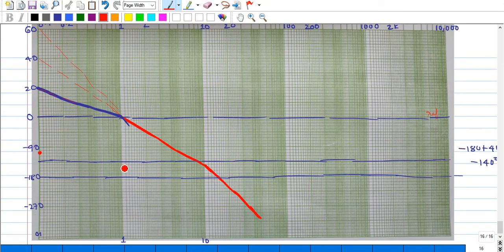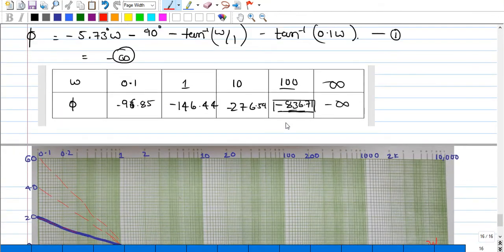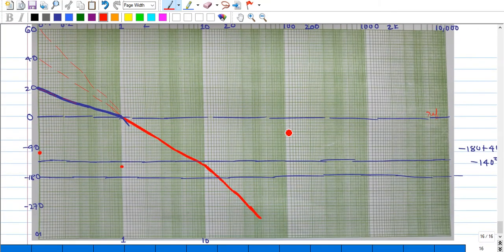So let me draw below, and followed with for 10, let me check, for 10 minus 276. Okay, so for 10 I am getting minus 276 somewhere below, and for 100 when I substitute, it is getting minus 800, which is difficult to mark.